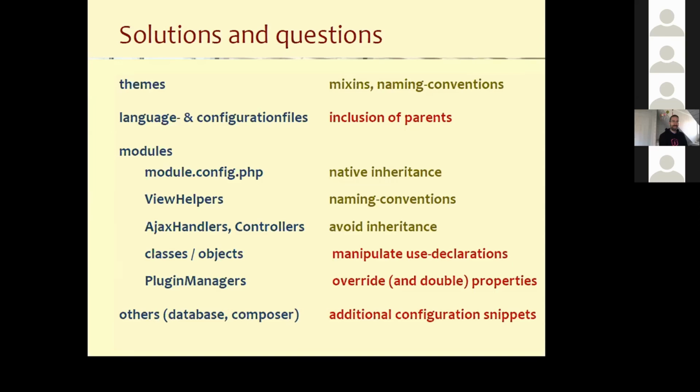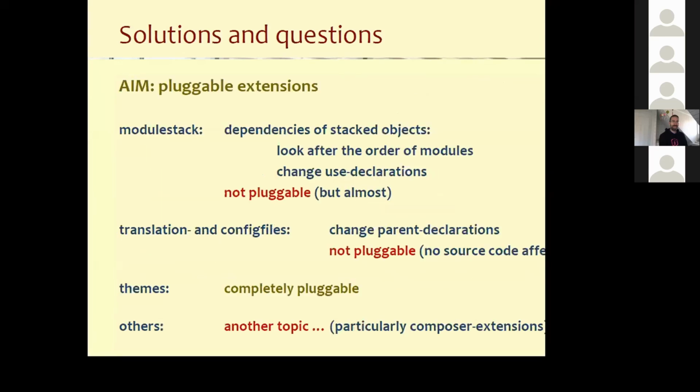And with other aspects, such as database extensions or extensions of the composer, you can use additional configuration snippets, which works fine sometimes, for example with database extensions, but not so fine in other cases, with the composer, for example.